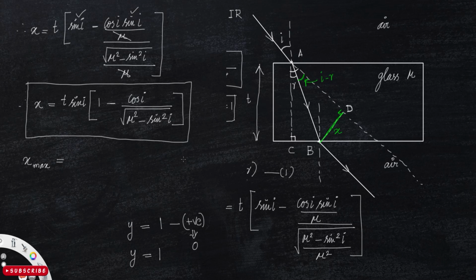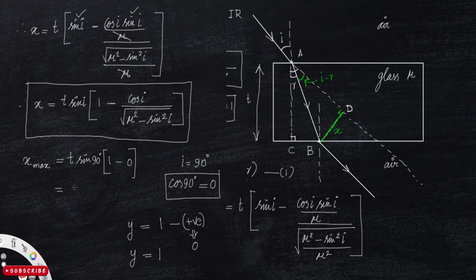Here, if I is equal to 90 degree, then we know cos 90 is 0. So this value becomes maximum when I equal to 90. So you can write t into sin 90 times 1 minus, this will become 0.